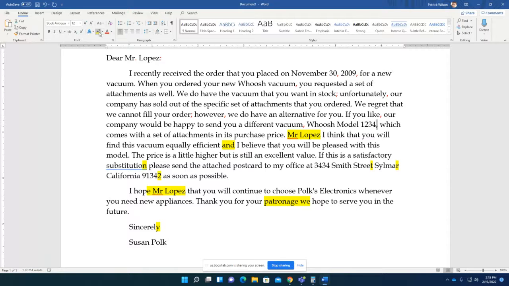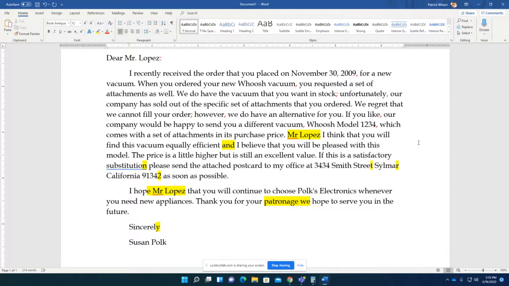Because technically you could take everything inside those commas out and it still makes sense. But the deal is it's descriptive because it's talking about the particular model and the product. So that's why you need the two commas separating the model and the product.